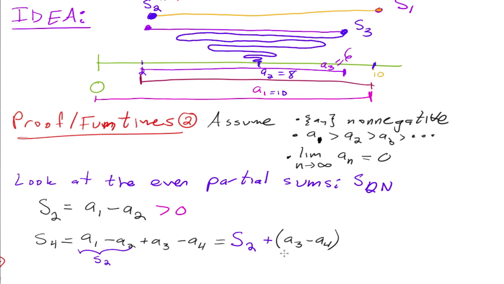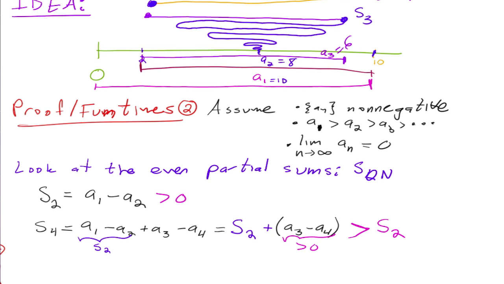So what do you notice about A3 minus A4? Since A3 is bigger than A4, that piece is going to be greater than 0, right? Which means that this is adding a little bit. So if I want to compare this to S2, I would say that this S4 is greater than S2, right? Do you guys agree? Because it's S2 plus a little piece. Yes? It doesn't have to be little. It can be big. But you guys get the idea, right?